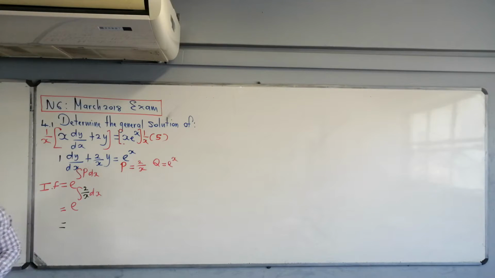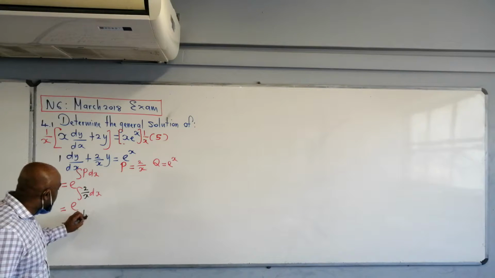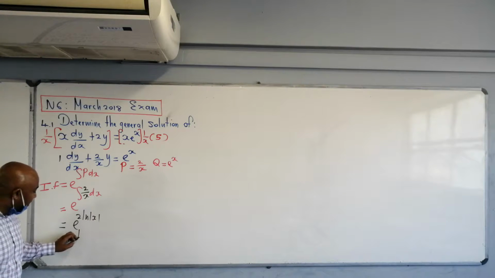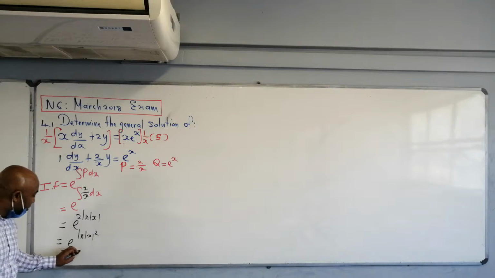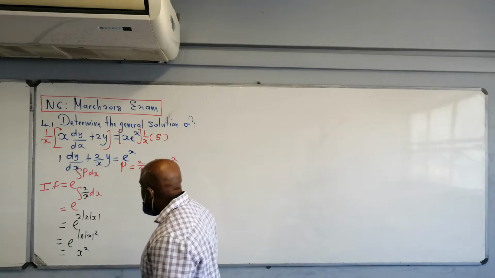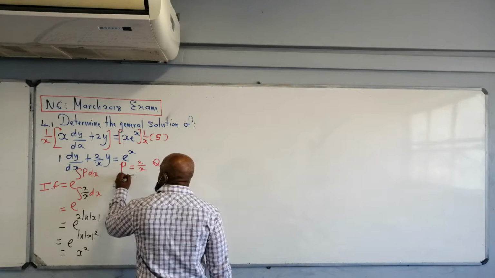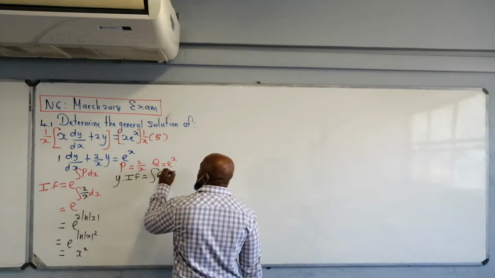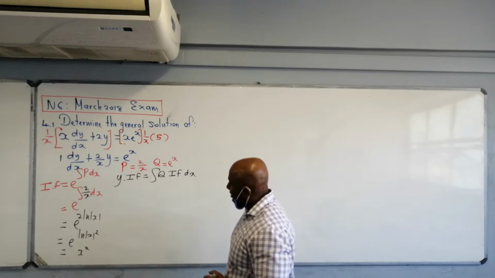Now integrate 2 over x, that will be 2 ln absolute value of x. So that will be e to the power ln x all squared, which is equal to x squared. Right. So now that is our integrating factor. The formula is y times your integrating factor is equal to the integral of q times integrating factor dx.